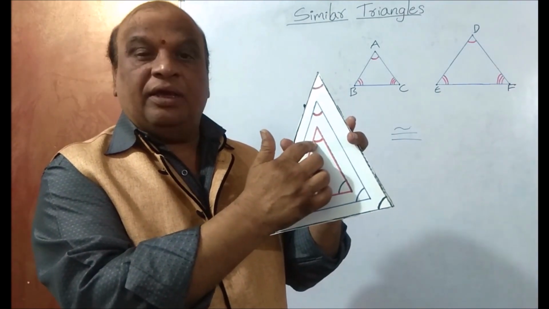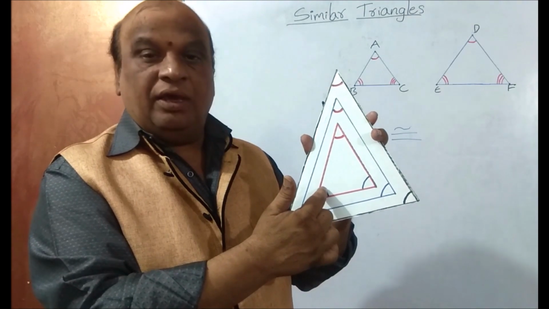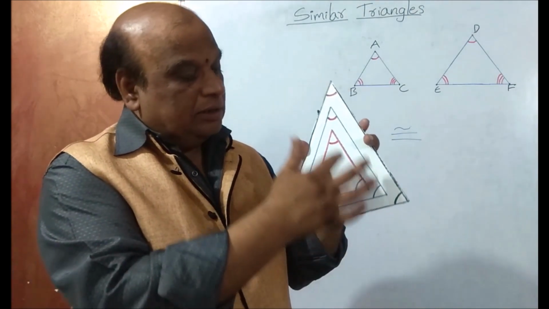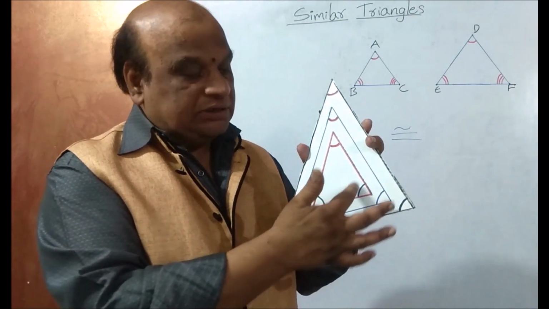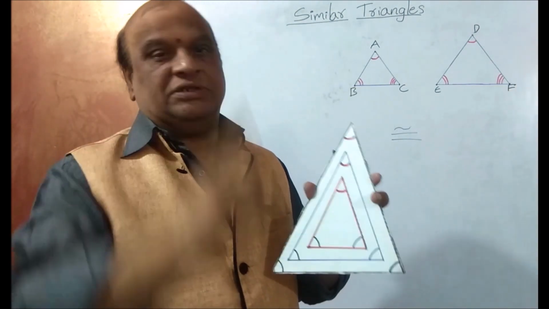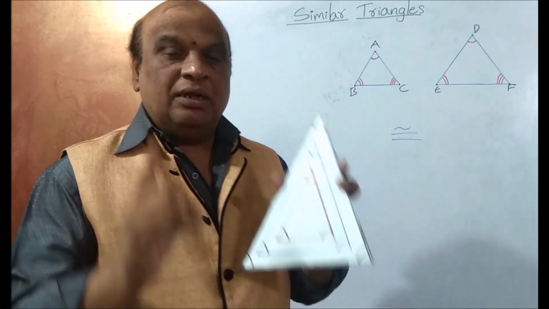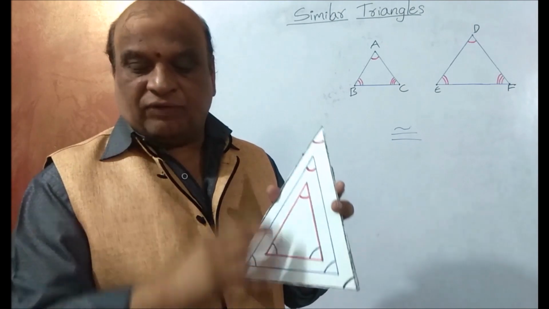Suppose it is 70, it is also 70; it is 50, it is also 50. Suppose it is 60, 60, 60. These are corresponding angles. That is the first condition.